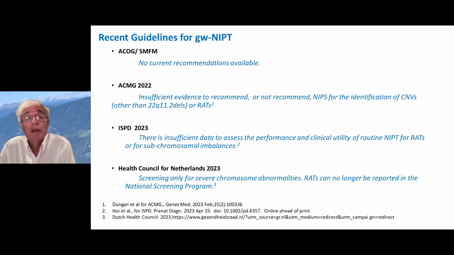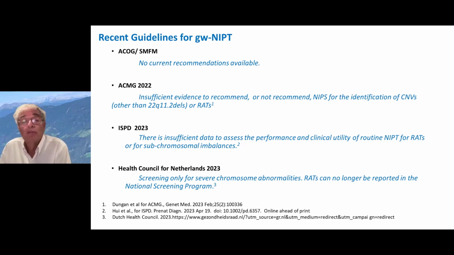ISPD has very recently issued some additional new guidance, and their conclusion is there is insufficient data to assess the performance and clinical utility of routine NIPT for RATs or for subchromosomal imbalances. And then very recently also the Health Council of the Netherlands has issued new guidance. Now theirs is particularly interesting here because they were the ones that really had a major national program looking at genome-wide NIPT.